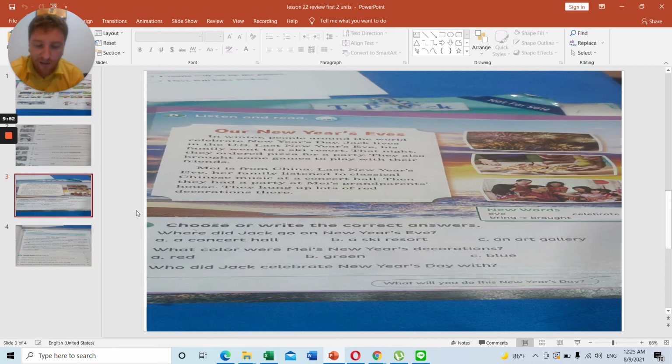They also brought some games to play with their friends. Mai is from China. Last New Year's Eve, her family listened to classical Chinese music at a concert hall. Then they had a party at Mai's grandparents' house. They hung up lots of red decorations there.